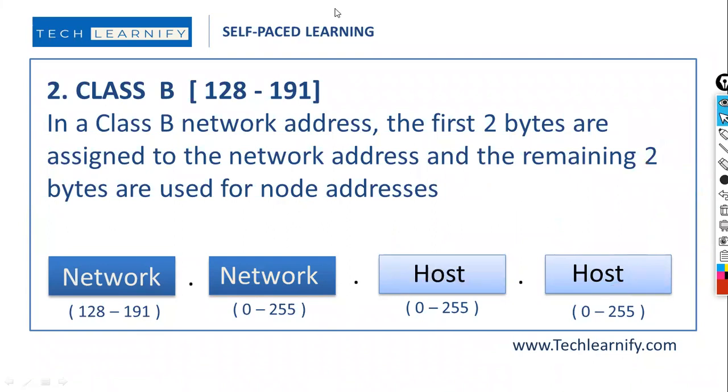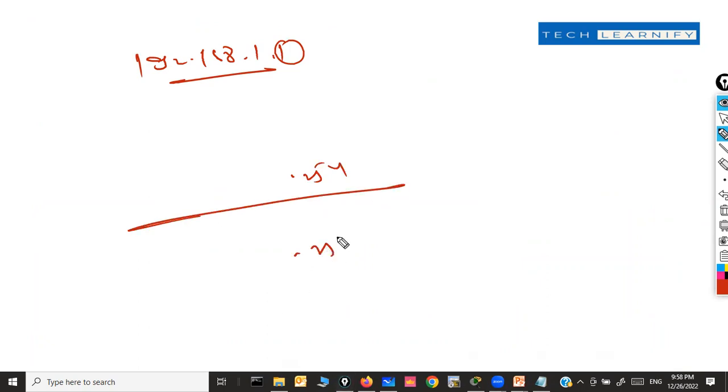And if you remember, in class C, when I took the example of 300 computers, I said that you can start assigning IP addresses from 1.1, and you may go up to 254. You cannot assign 255, and you cannot assign the first address, right? These two addresses are reserved.